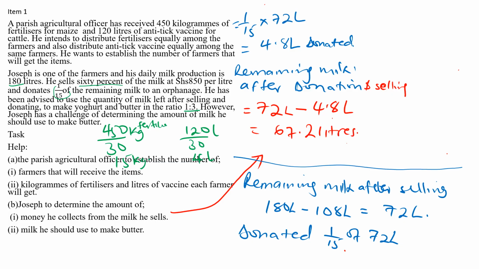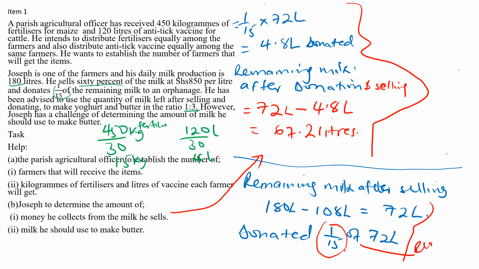But even if you didn't take this direction, just come and ask yourself, if donated was 1 out of 15, then it means that what remained is 14 out of 15. So fraction is 1. If 1 part out of 15 was donated, it means that 14 parts out of 15 remained.